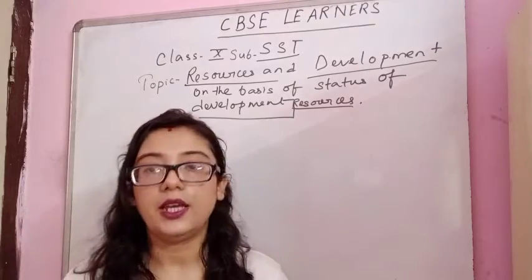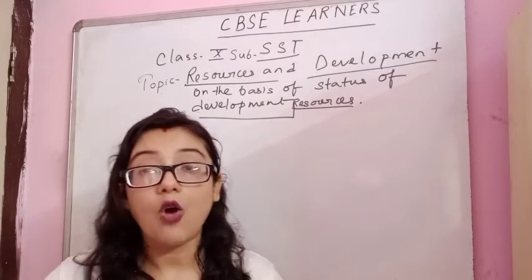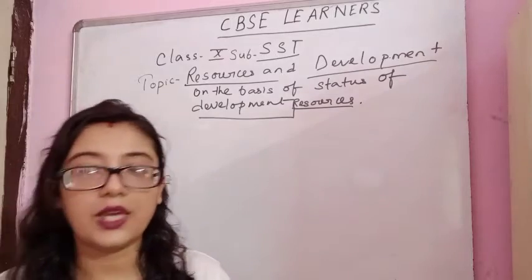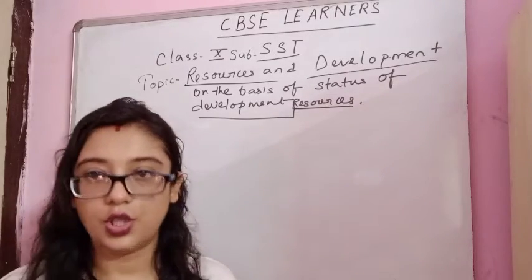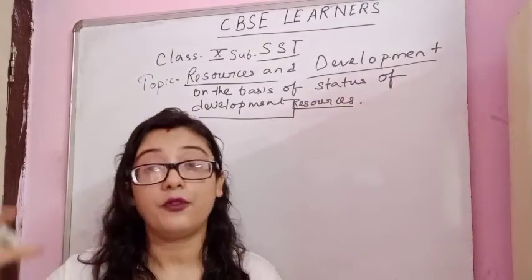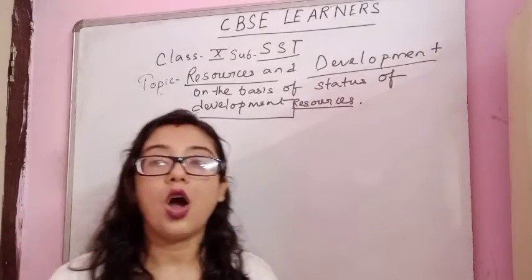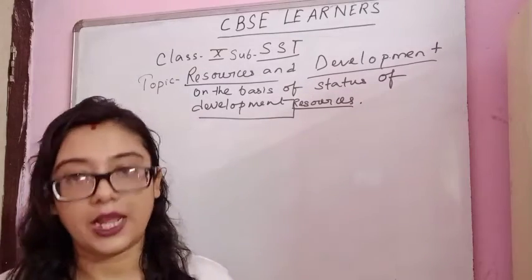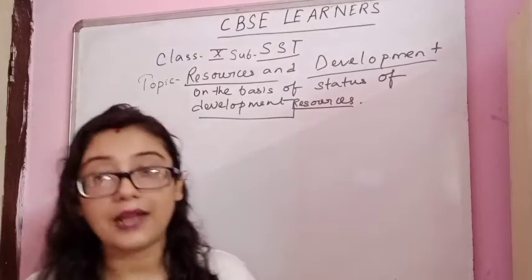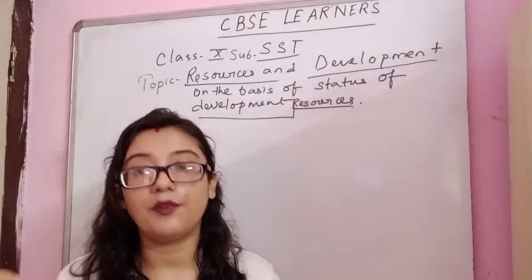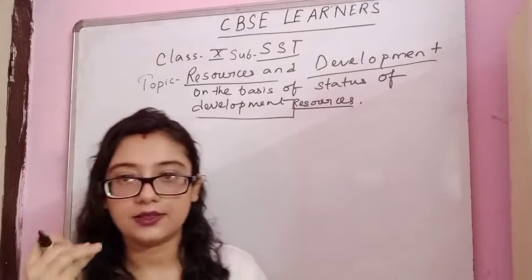It actually classifies the resources by how much the resource is developed. Whether we are utilizing it, whether we have kept it for future use, or whether we have proper technology to use it, and whether the resource is developed and we are utilizing it or not.